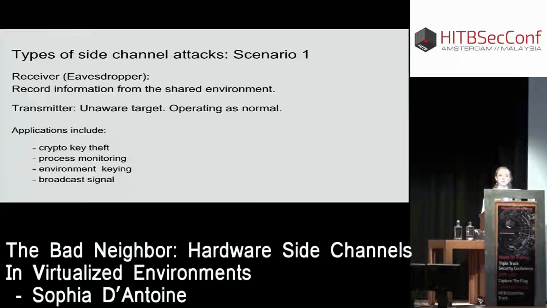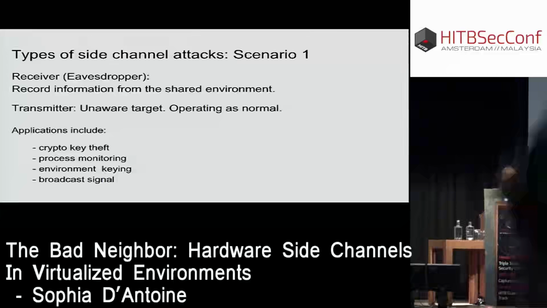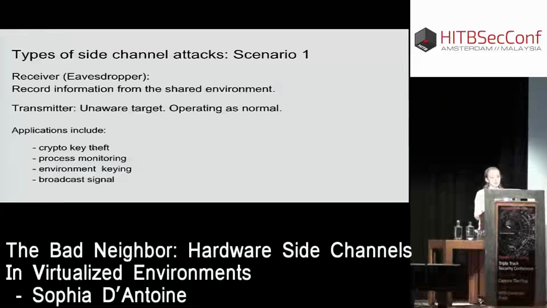The receiver is gaining information from that shared hardware that allows it to make some sort of mapping between that gained information and the transmitter's RSA private key. So that's the first application, but there are other things you can do with this model of an active, unaware transmitting process and a malicious eavesdropper or recording process reading from the system.